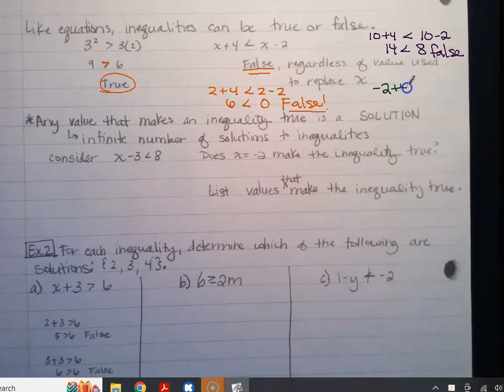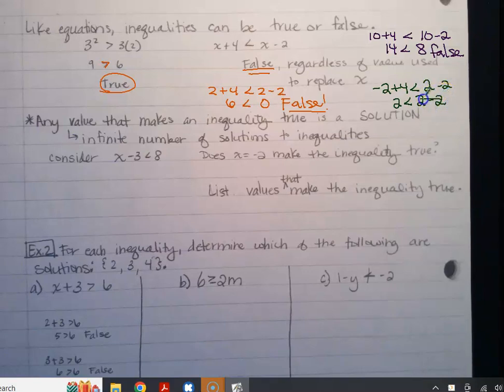Negative 2 plus 4 is less than 10 minus negative 2. Negative 2 plus 4 is 2. Hold on, I put the wrong number in. It should have been negative 2. I don't want to disprove the formula. So 2 is less than 2 minus 2?